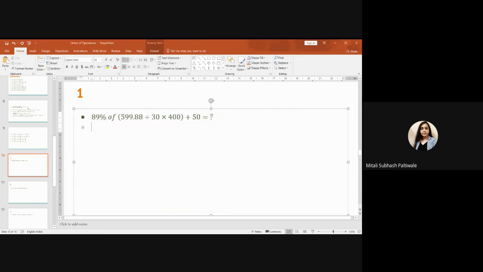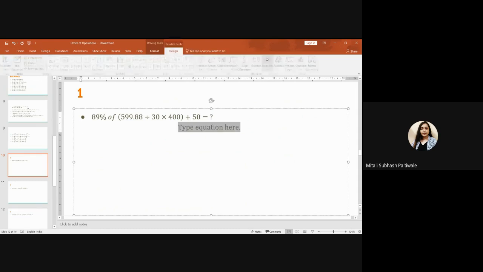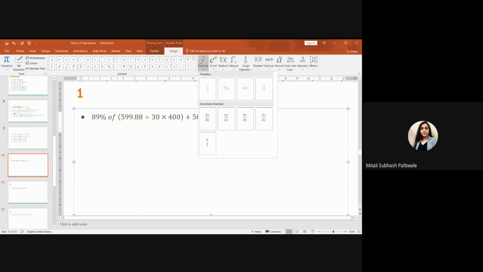Now, to simplify this one, they have said 89% of 599.88 divided by 30 into 400 plus 50. Now let us try solving this one, which is equal to 90 by 100 multiplied by 600.